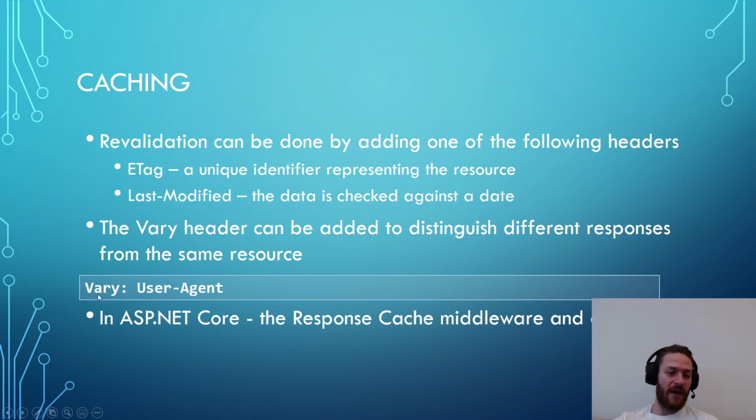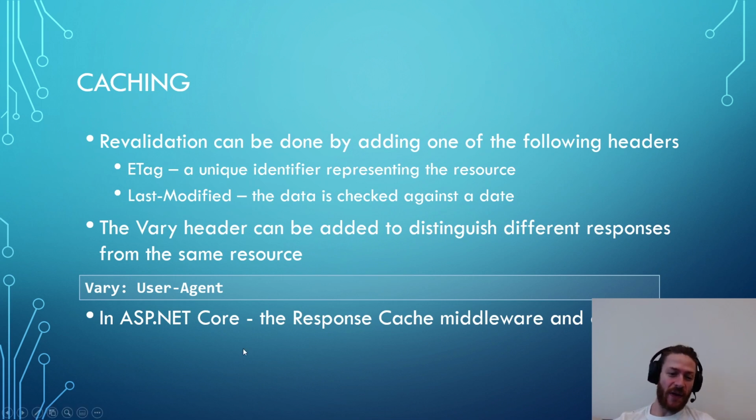We can say if there is a different user agent, return a new value and not use it from the cache. Or you can say vary by header, by content type, by encoding and so on. So we can control when the cache will happen and when not.